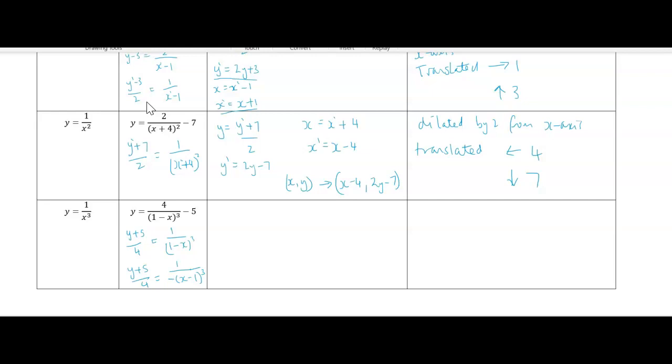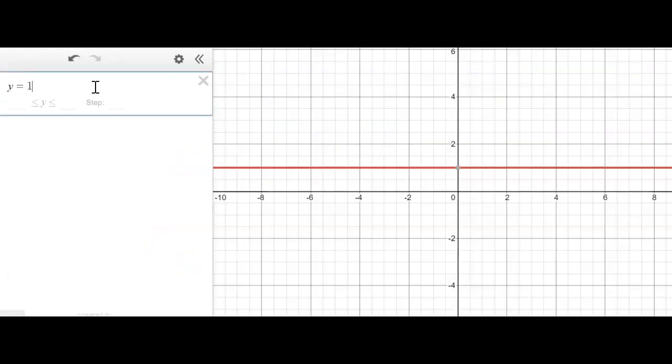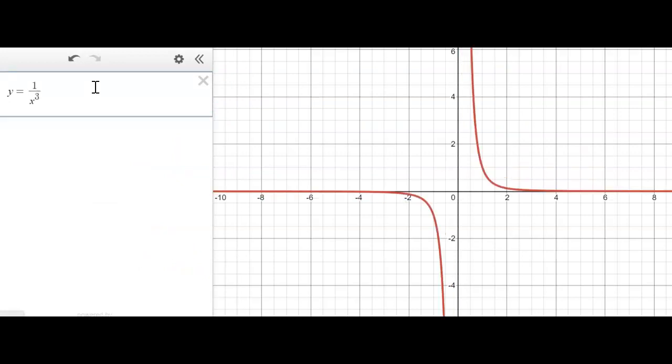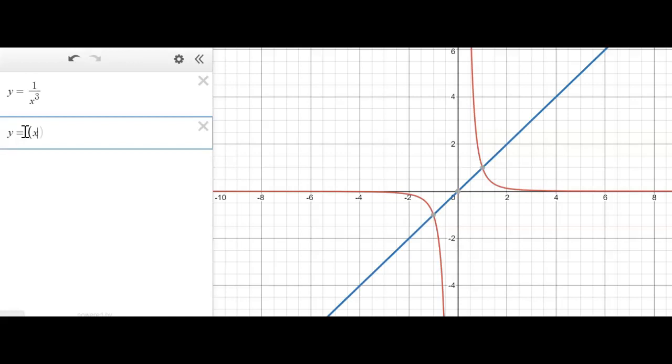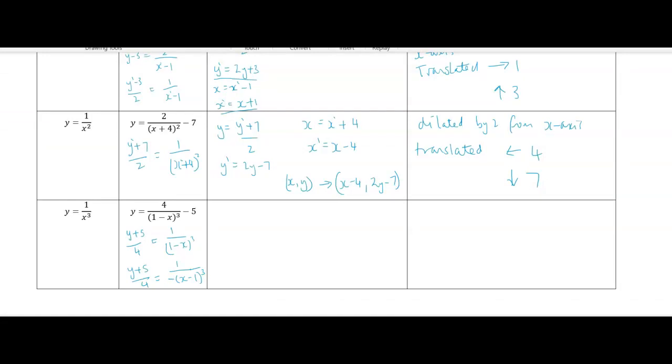Now, remember with your cubic, let's see if I can get Desmos. All right, so we're looking at y equals 1 over x cubed, and we're looking at our transformation. Oops, that was 1 on x cubed.